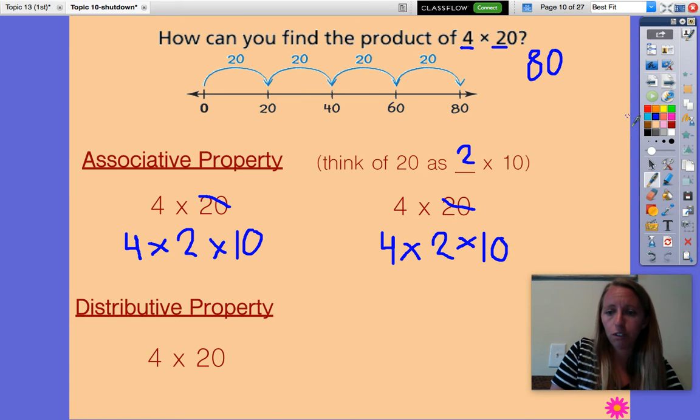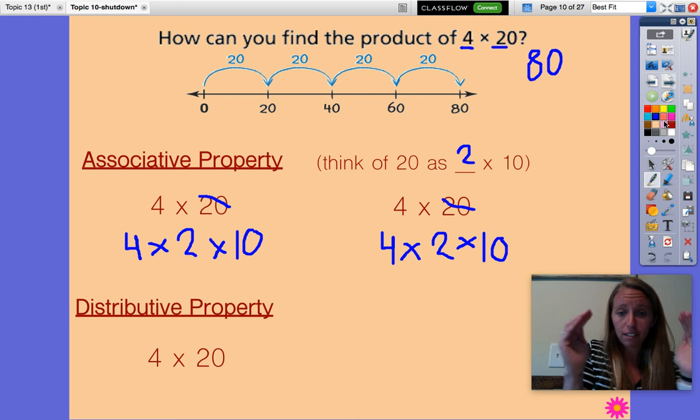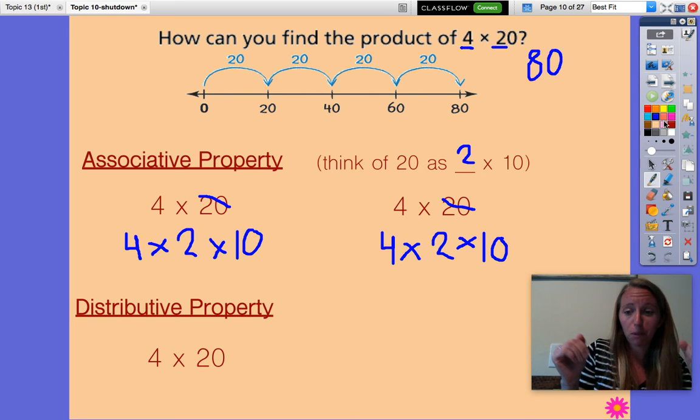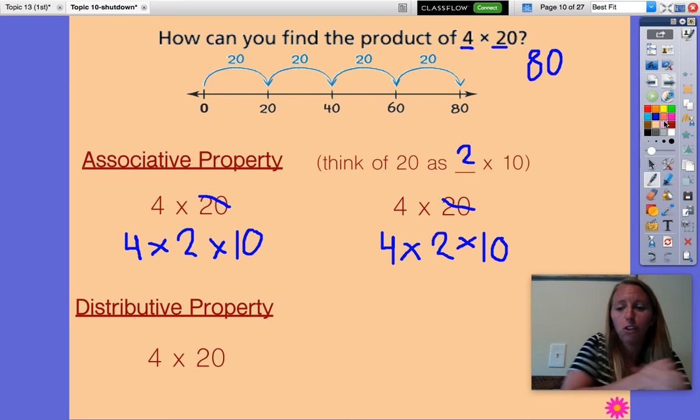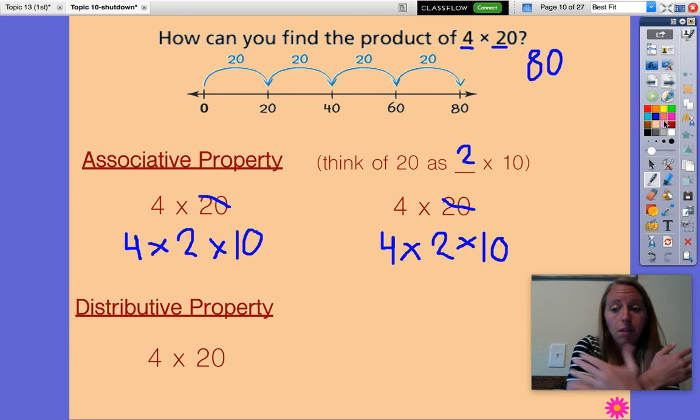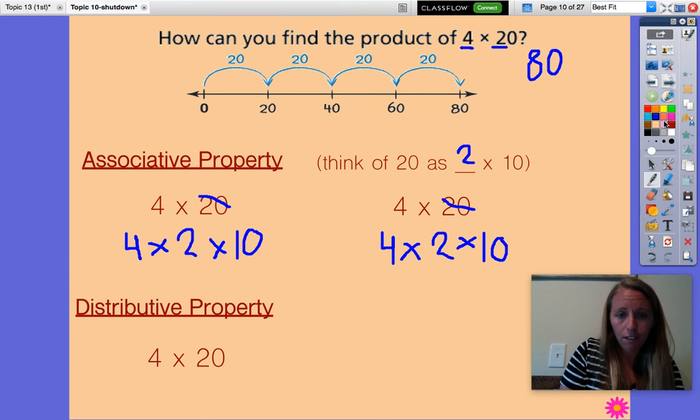Now, if you remember, when we have the associative property, associate means parentheses. Remember, when you associate yourself with people, you want to hug them. So you associate yourself with your family because you love them, you want to hug them, right? So we think of parentheses as hugs. Associate, hugs.